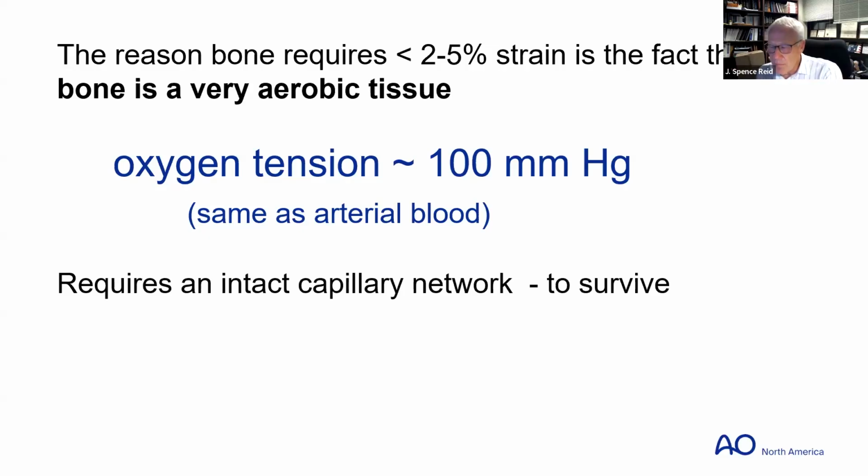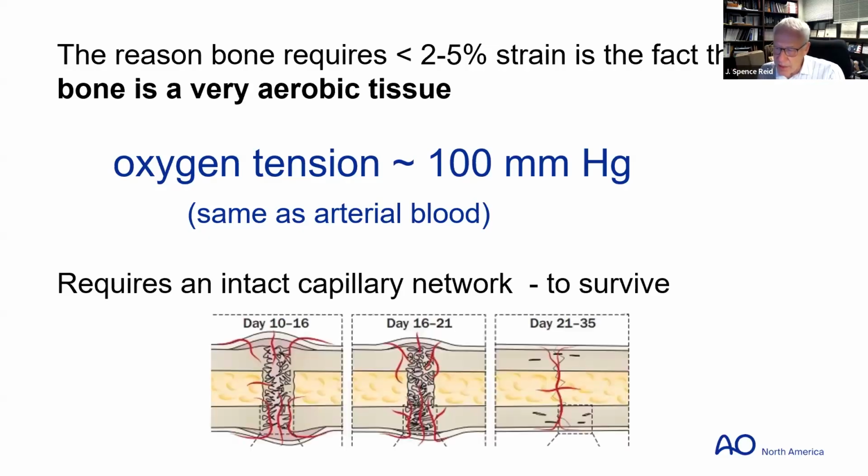So, this is an animal model, and from the very beginning we see vascular invasion that is attempting to cross, but it cannot cross until the strain field in the gap falls to a low level, which allows that capillary network to cross.